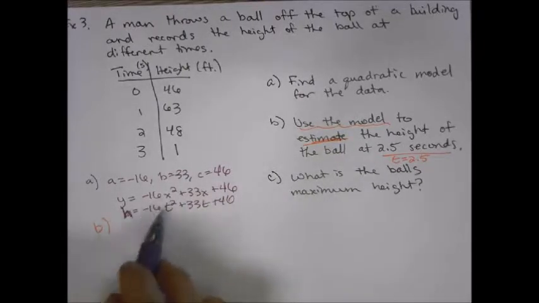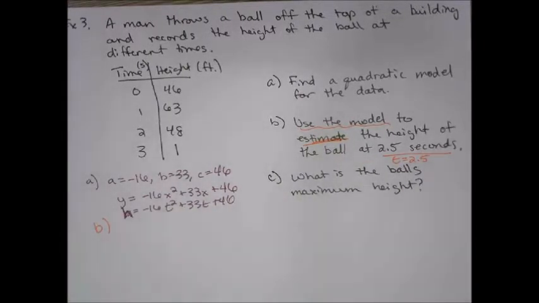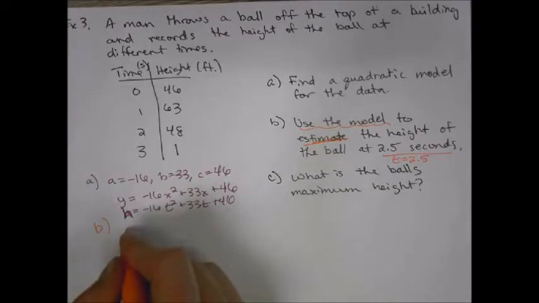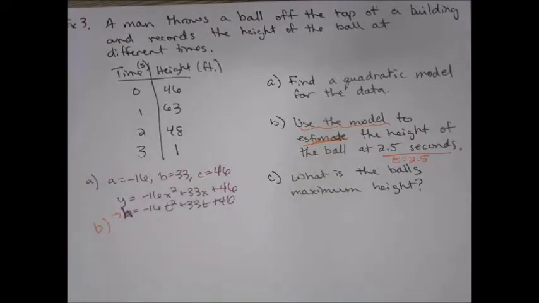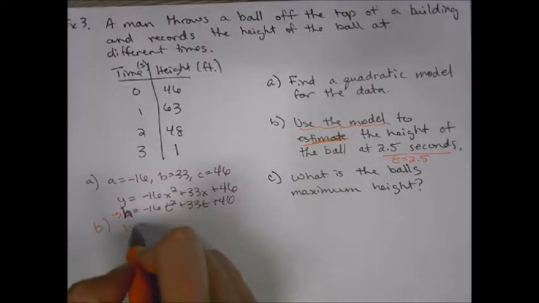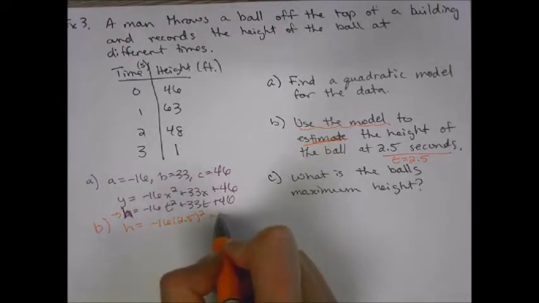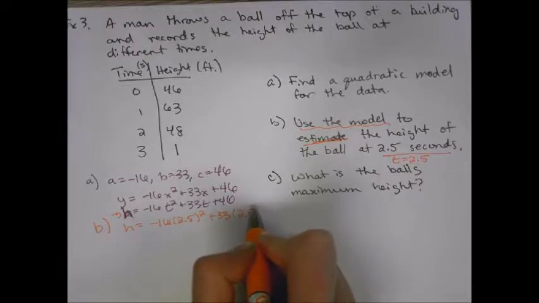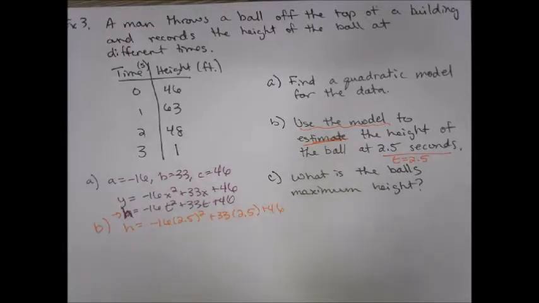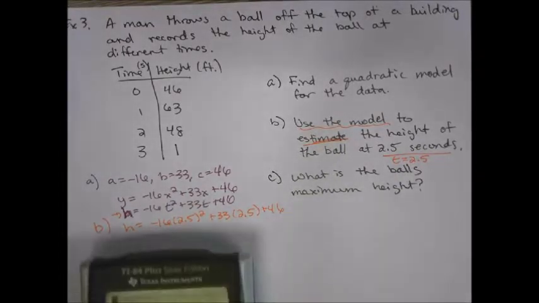You can use different letters instead if you want. So t equals 2.5. We're going to use the bottom one, or h and t. Height equals negative 16 times 2.5 squared plus 33 times 2.5 plus 46. Go ahead and plug that into your calculator.